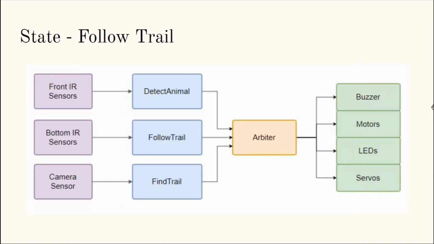In each of these states, each behavior is started as a process because I'm using multiprocessing. The sensor values are also a process which can be used to feed into the behaviors. And then there is an arbiter as a process as well to determine the actions of the robot.